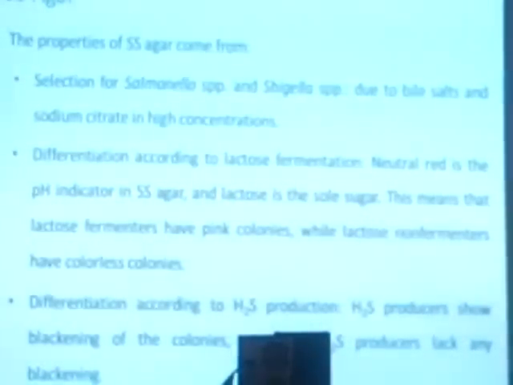Lactose is the sole sugar. It means that if the bacteria is a lactose fermenter, it will drop the pH and neutral red will change to a pink or red color. If it is unable to ferment lactose, the pH remains high and neutral red remains yellow or colorless. Now, this is SS agar.